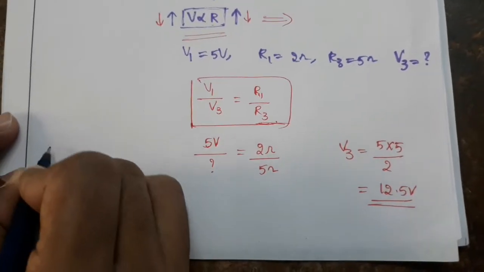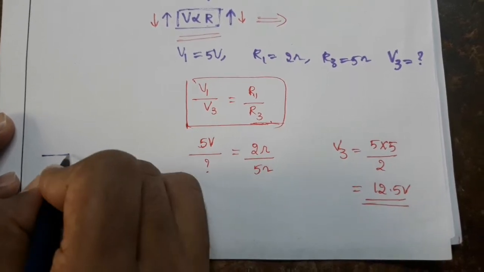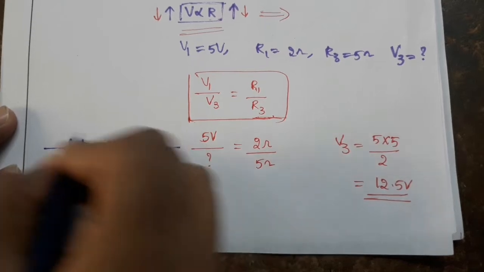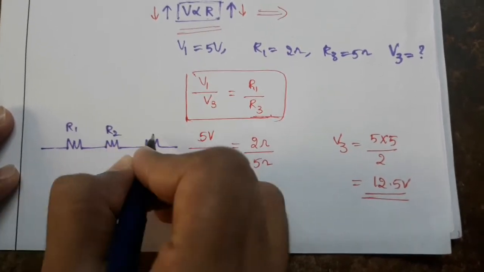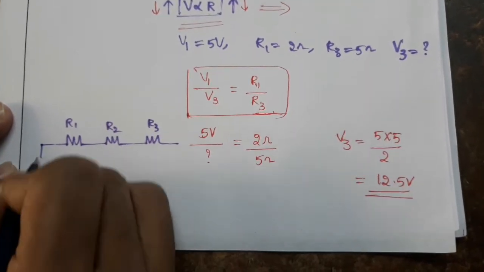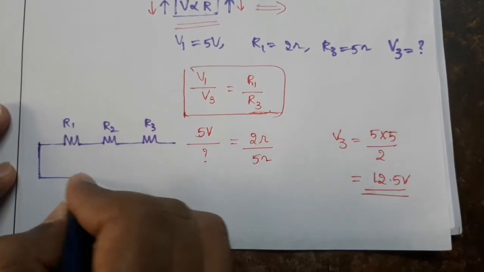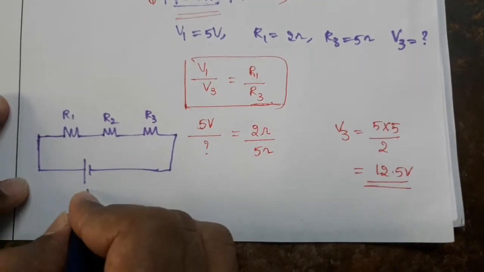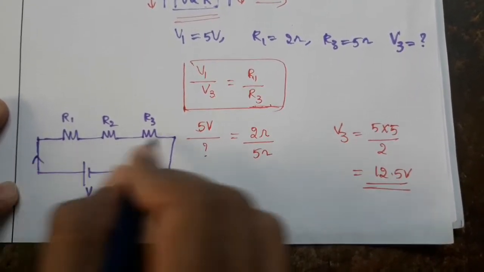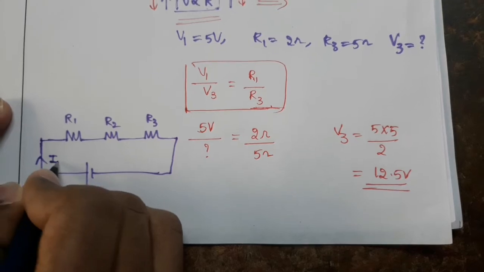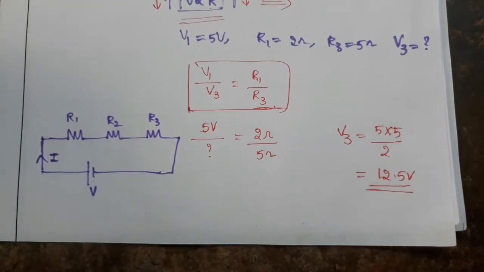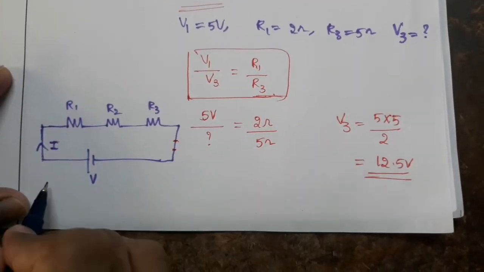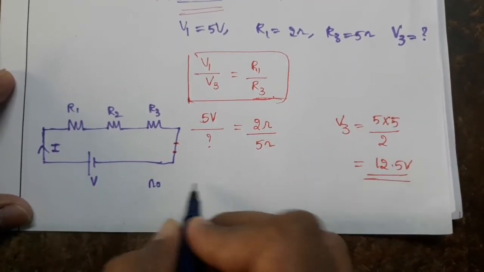Friends, coming to the series circuit, this is resistor 1, this is resistor 2, and this is resistor 3, R1, R2, R3. I am applying the voltage V across the R1, R2, R3. As this is a closed path, current I will flow. If there is an open circuit over here, then as this is having only one closed path, no current will flow in the circuit.